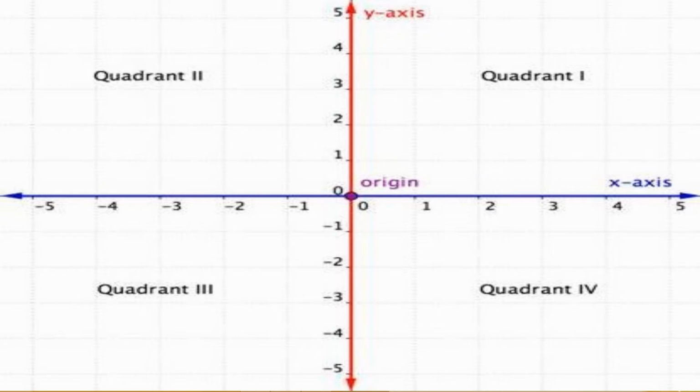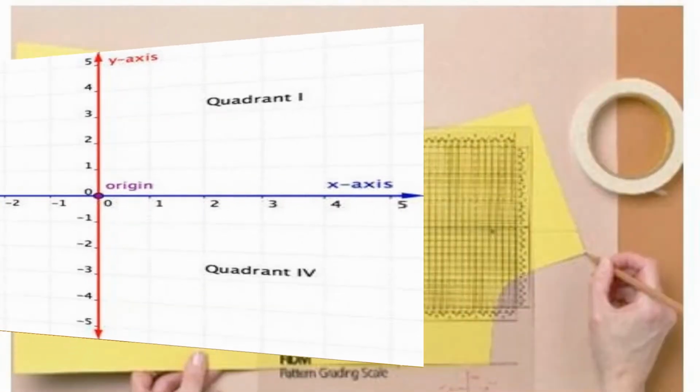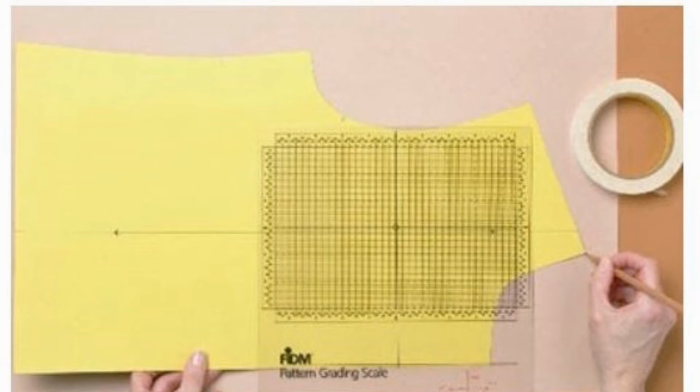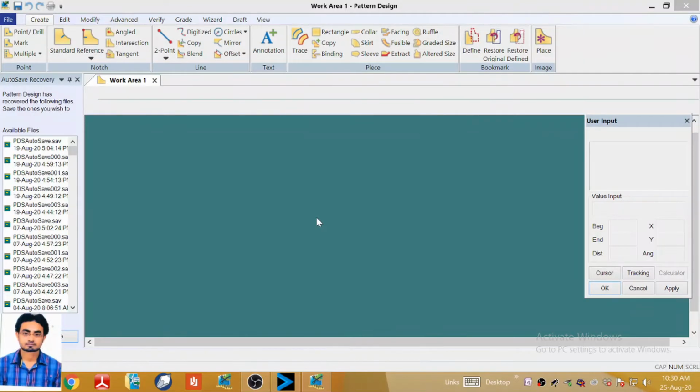Similarly on the y-axis, going to the top the value is positive, and going downwards the value will be negative. The same methods we have to apply in the grading process.